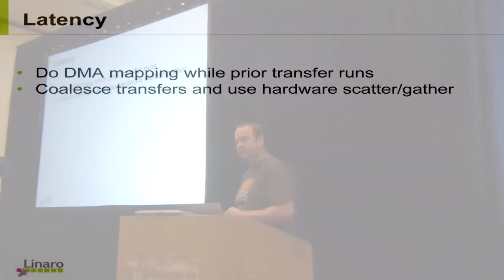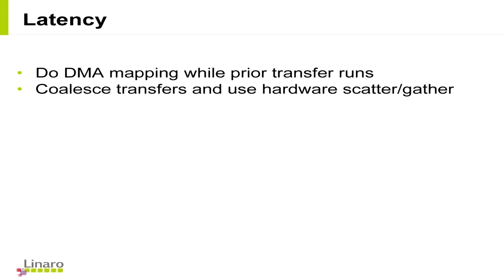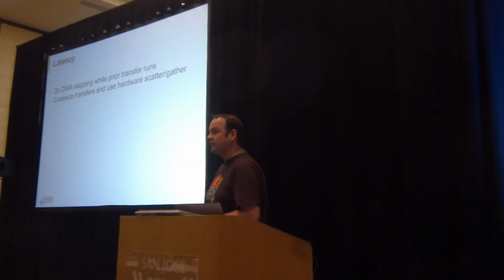The other thing we can do that's fairly obvious, a bit fiddly to implement, hopefully we'll get to it soon, is coalesce multiple transfers in a message so that we use the hardware scatter-gather support that most DMA controllers have, if we're using DMA, and do the entire message without ever having to involve the CPU.